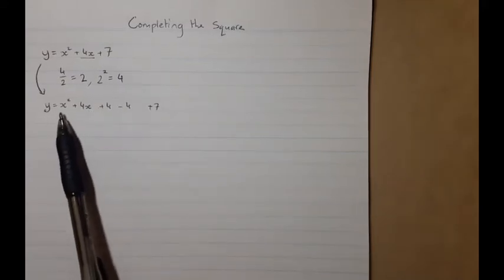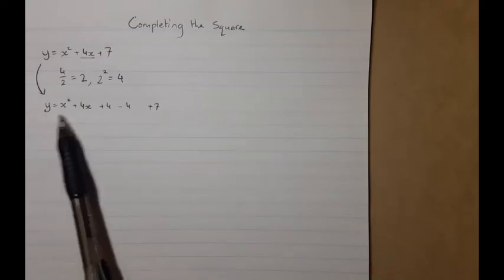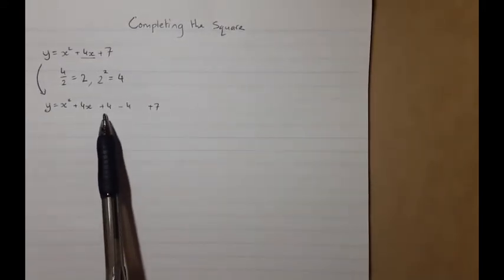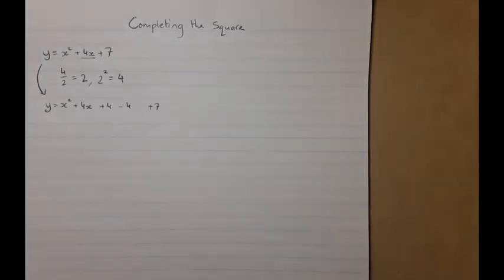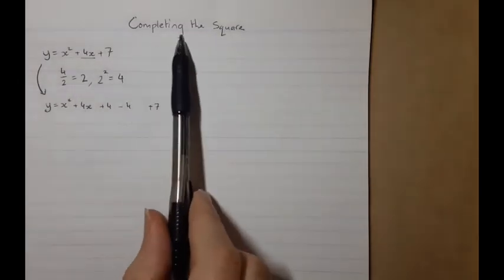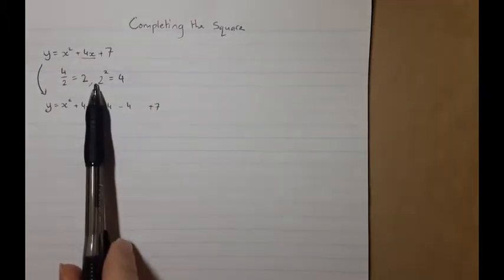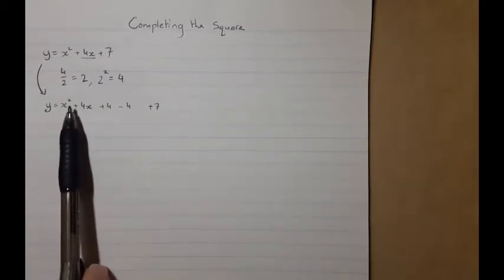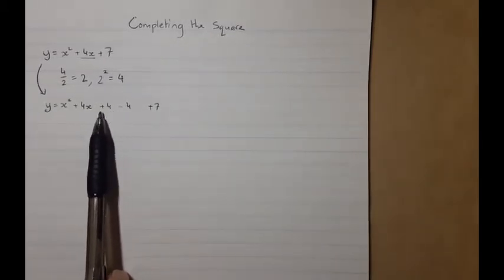So they don't change the value of my equation at all. It stays exactly the same value. I've just added 4 and then I've taken away 4. Now the reason we do this is because we want to complete the square. And notice how we did 2 squared here. 2 squared is equal to 4. To complete the square, we needed to end with a plus 4.